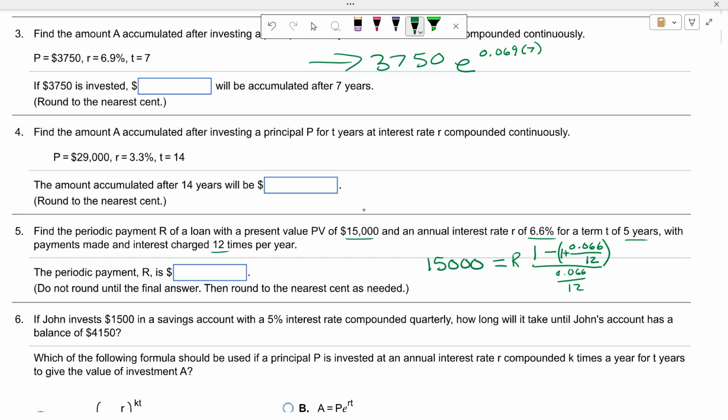A present annuity would be like you gaining an amount of money and then paying it off over time. But a future annuity would be you're putting money into an account every month, and you're figuring out what it will be worth in the future, like a Roth IRA.